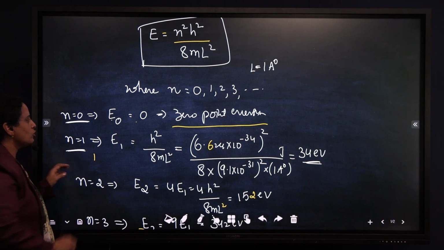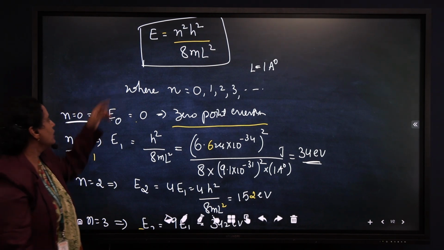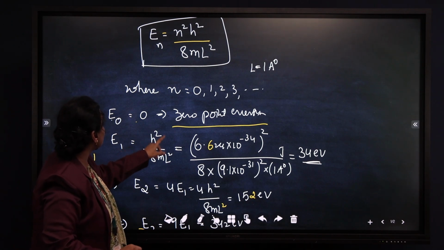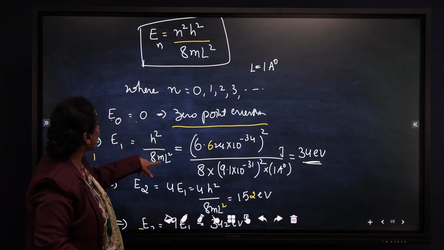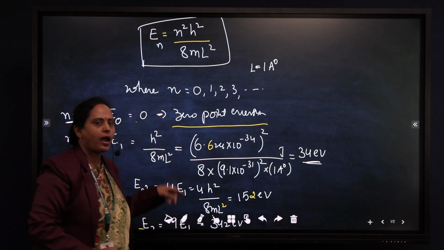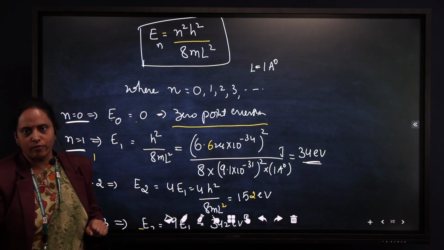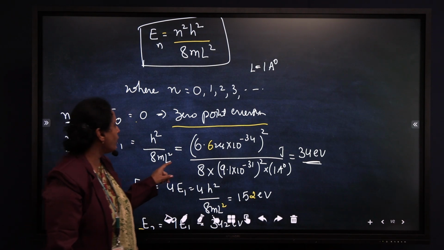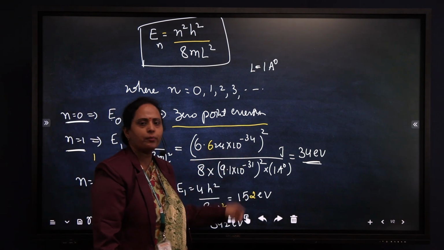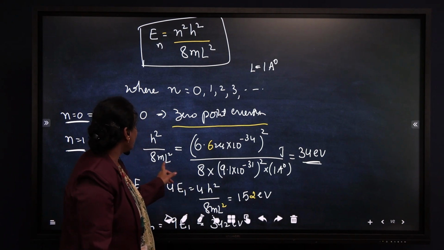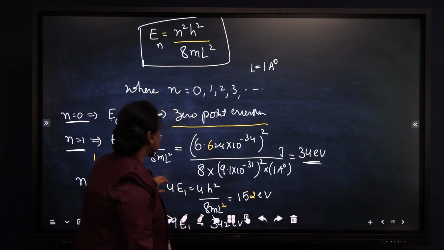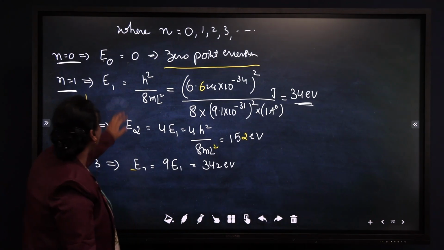For n equals 1, substituting in this expression, E1 equals n square h square by 8 m L square, and substituting the values of h, m and L, where h is 6.624 into 10 power minus 34, m is 9.1 into 10 power minus 31, and L is 1 angstrom width of the potential well, it comes out to be 34 eV.